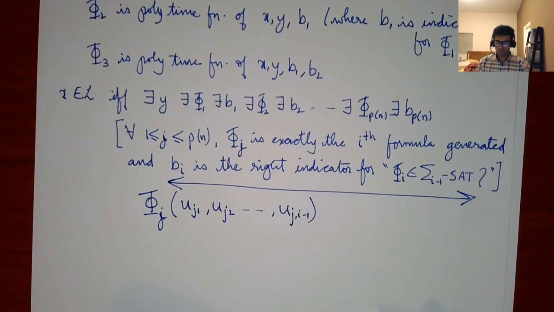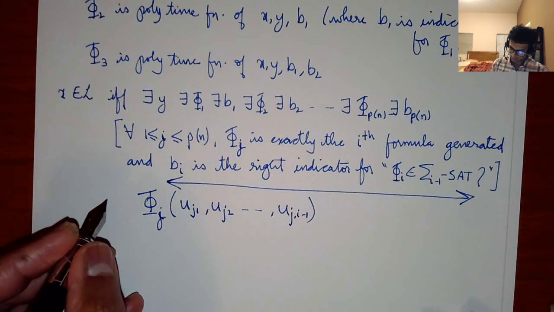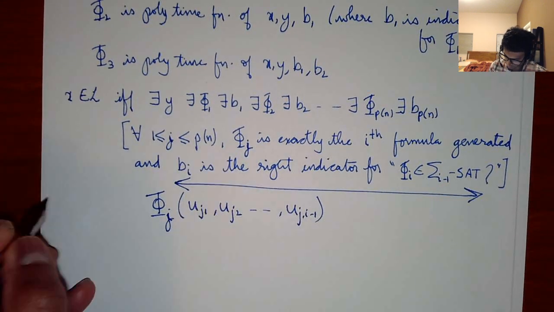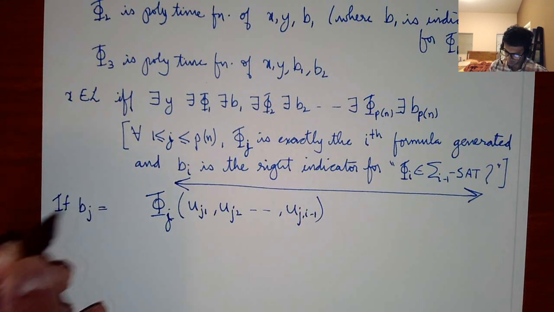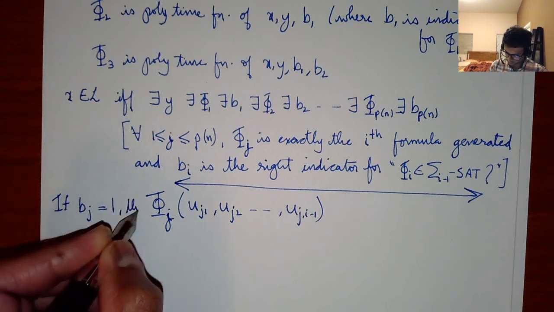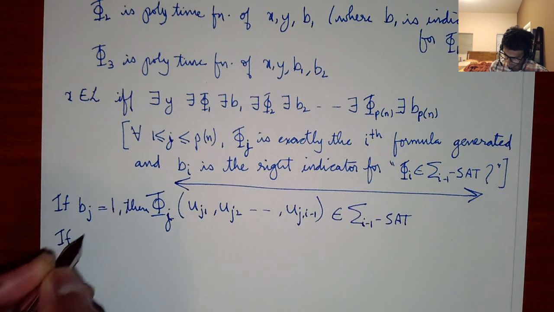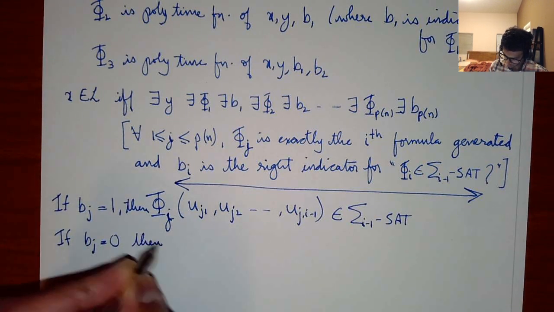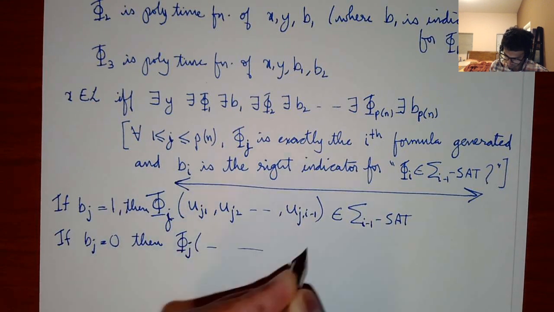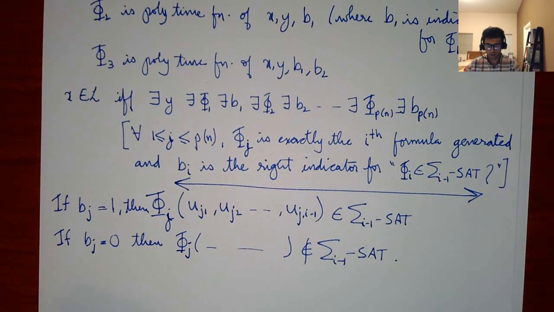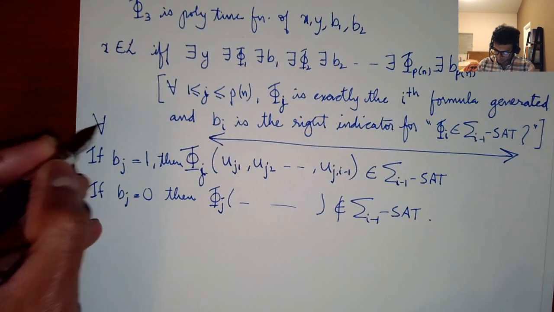And we want to check, if b of j is 1, then this should be in sigma i minus 1 SAT. And if b of j is 0, then sigma j of all of this should not be in sigma i minus 1 SAT. So all of these are the checks that need to be made, and this needs to be done for all the j's.